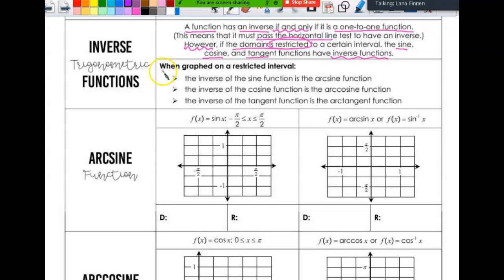When graphed on a restricted interval, the inverse of the sine function is the arc sine, abbreviated ARC SIN. That is the exact same thing as sine inverse or inverse sine. It's just a different way to say it.